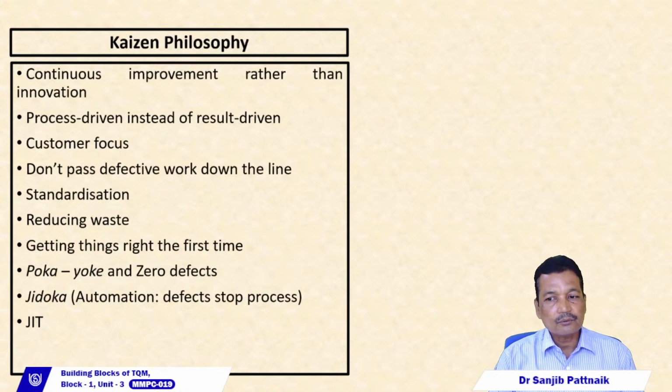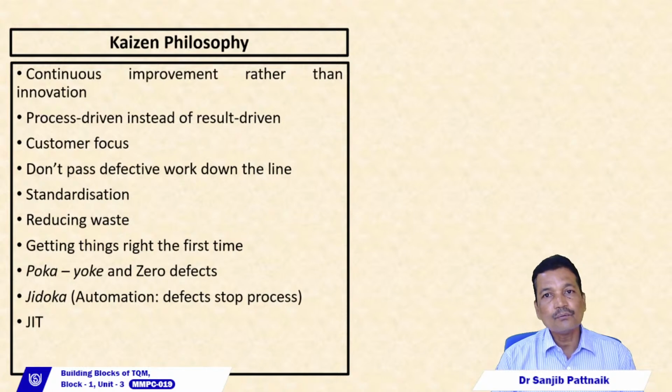When we are talking about Kaizen philosophy, it is also speaking about continuous improvement, but not innovation and stopping there itself. Continuous improvement is a continuous process. Customer is the basic focus under Kaizen philosophy.